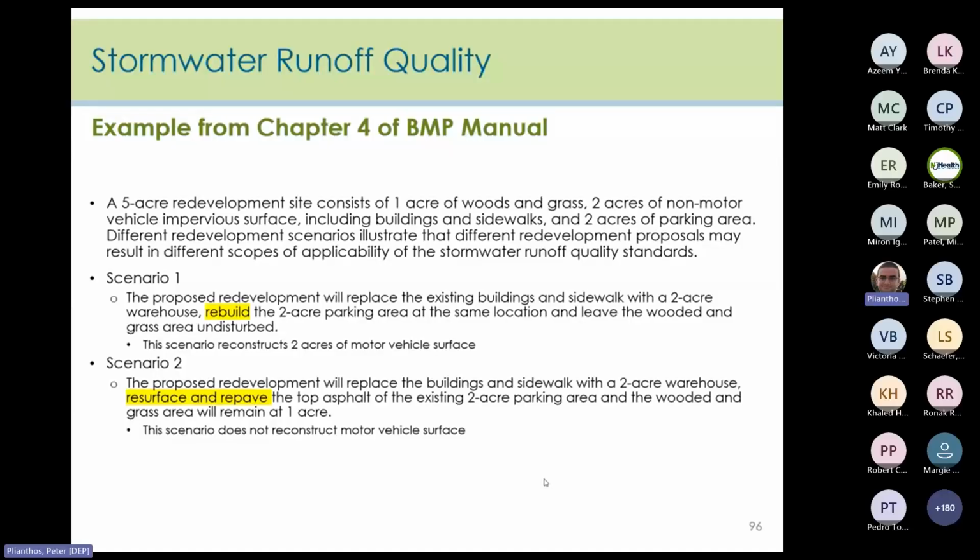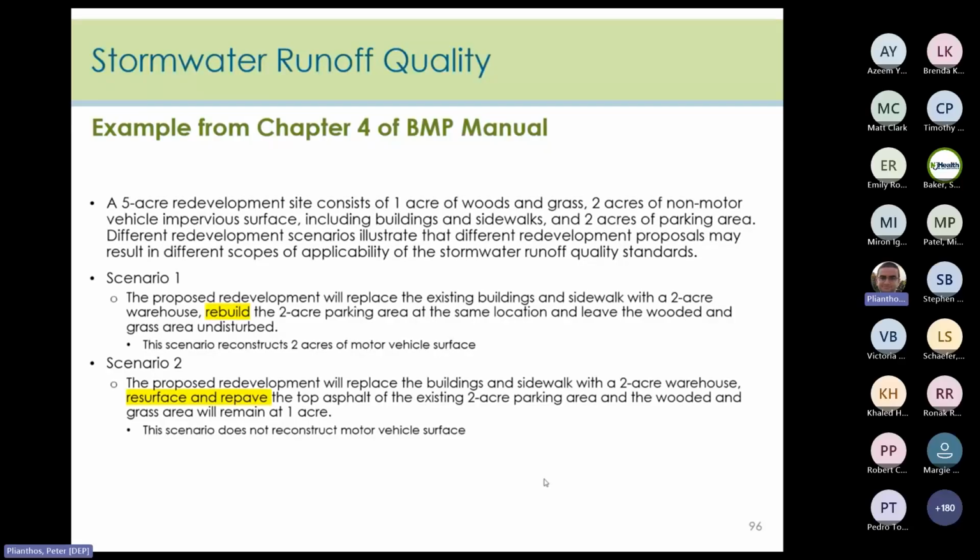So let's take a look at scenario 1. The proposed redevelopment will replace the existing buildings and sidewalk with a 2-acre warehouse, rebuild the 2-acre parking area at the same location, and leave the wooded and grass areas undisturbed. So in this scenario, where the 2-acre parking area is rebuilt, this scenario would reconstruct 2 acres of motor vehicle surface.